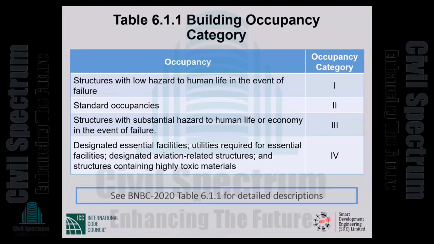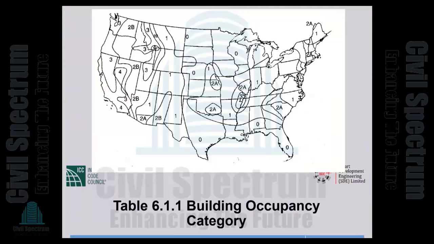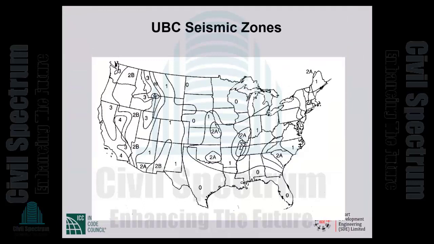Now, back in the UBC days when we had seismic zones, the zone determined the level of detailing we had to do for our structure. We did ordinary detailing in zone 0 and 1, intermediate detailing in zone 2, special detailing in zones 3 and 4.